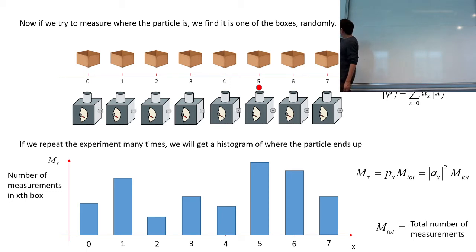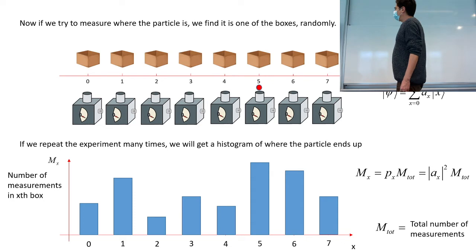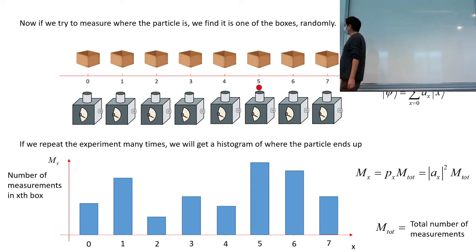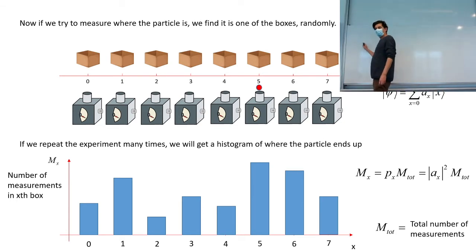So if you modulus square that, that tells you the probabilities that these come out. Yeah. So that's a little bit of an extension of what we were talking about. We were mainly talking about qubits here. Now I've got states from 0 to 7, but it's basically the same idea.